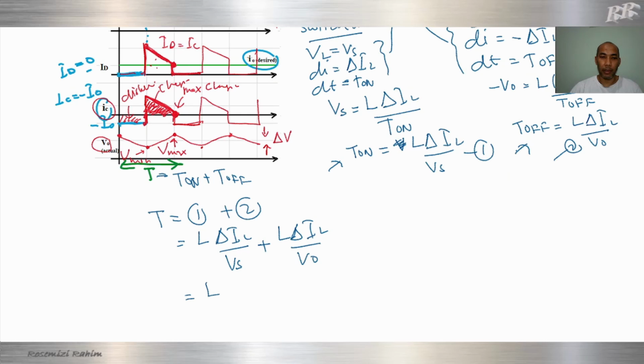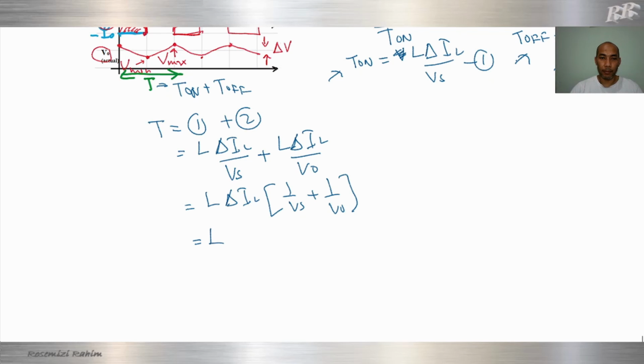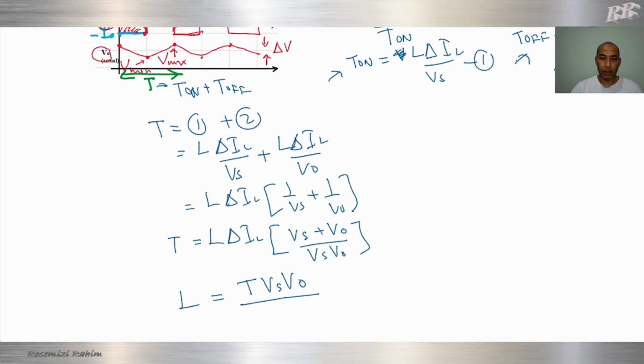So we get L delta IL times (1 over Vs plus 1 over V naught) equal to L delta IL (Vs plus V naught) over Vs V naught, and this is equal to T. So we get L equal to T Vs V naught over delta IL (Vs plus V naught).